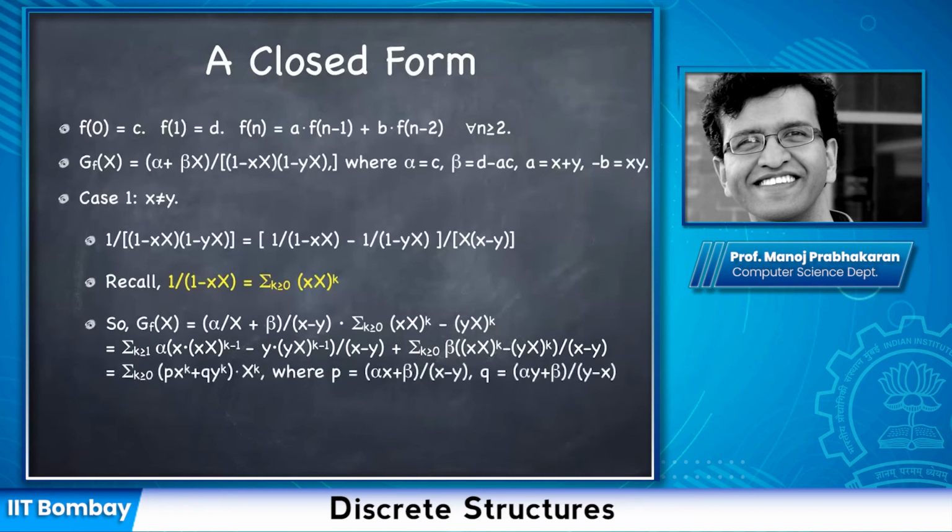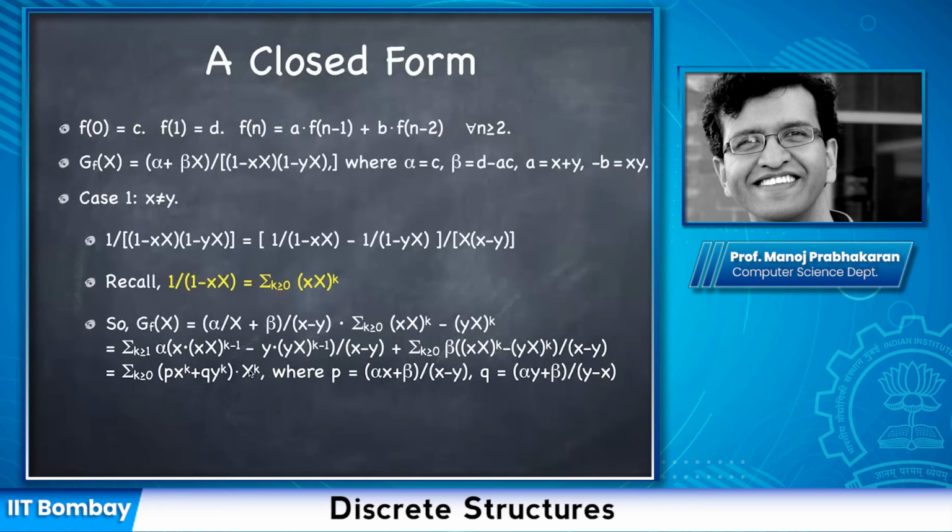Okay, so if I group the terms, coefficients of little x to the power k, I would get it to be of the form p times little x to the k, where p is alpha x plus beta divided by x minus y.